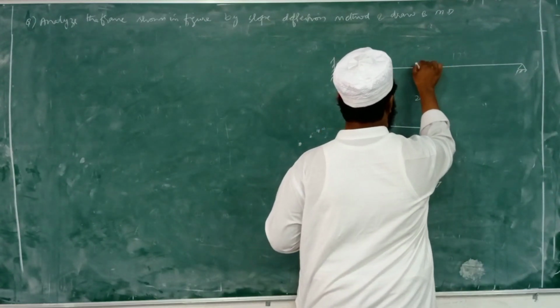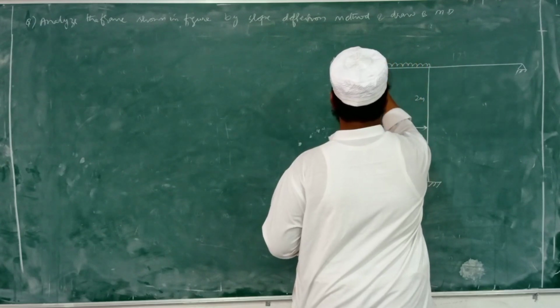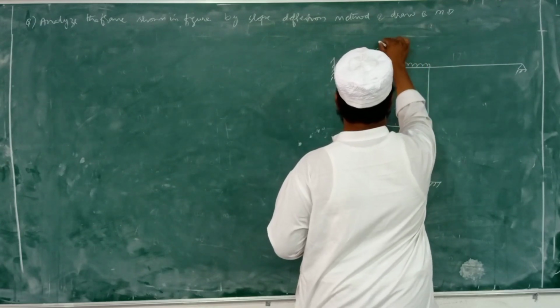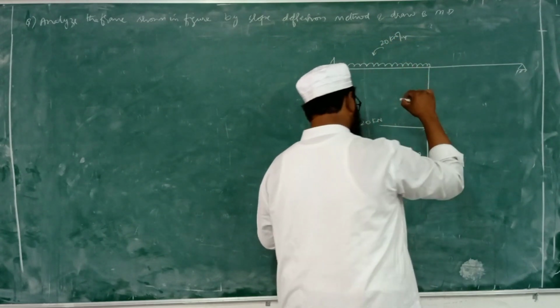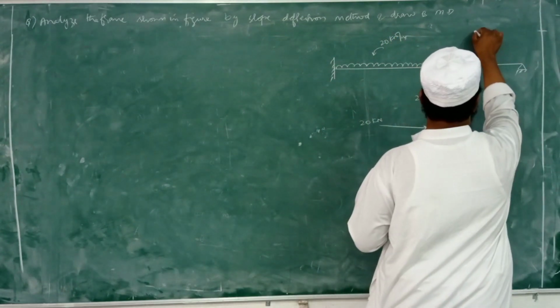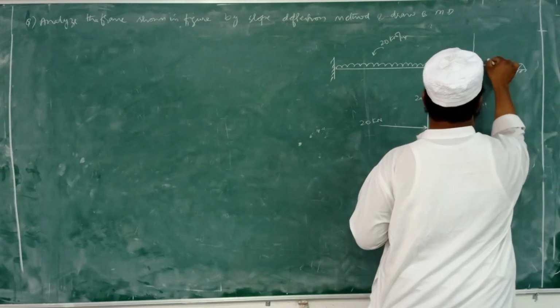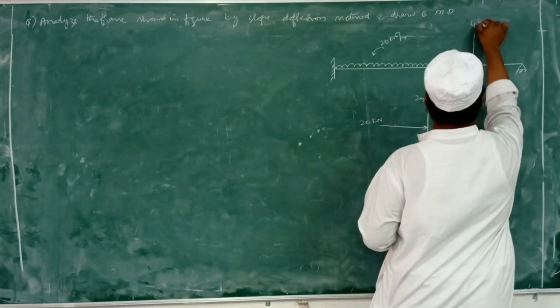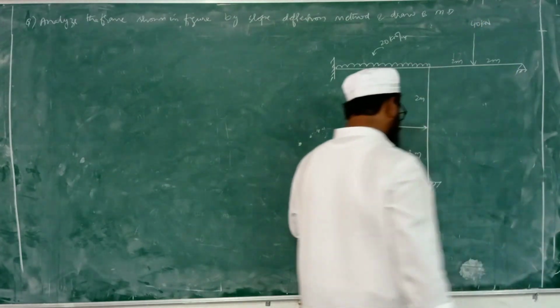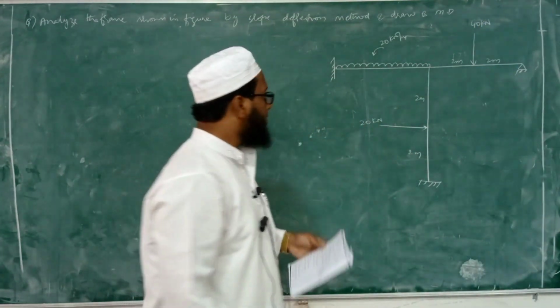And for this one we have a UDL over the entire span, and it is 20 kilonewton per meter, and a central point load, again at 2 meters, and this one is 40 kilonewton. Okay.